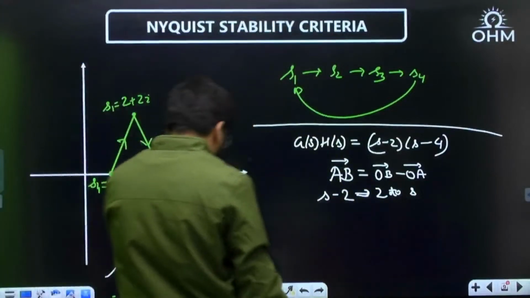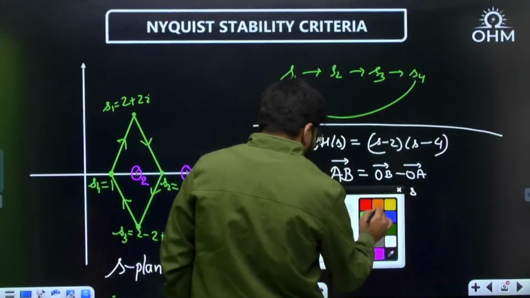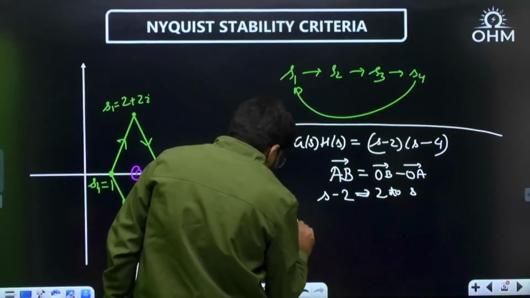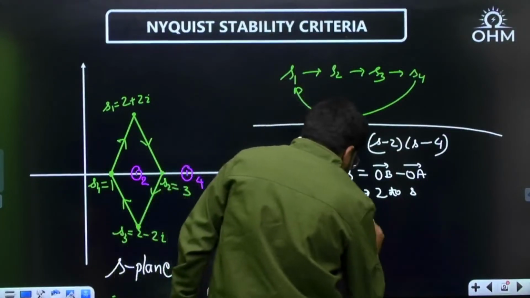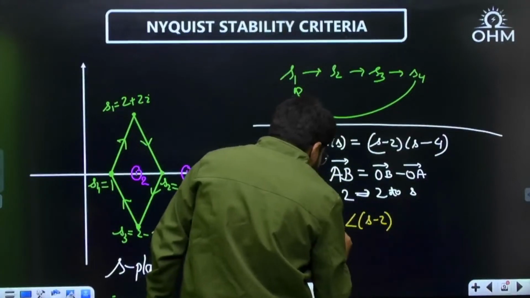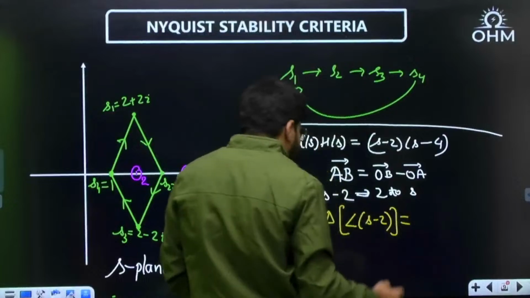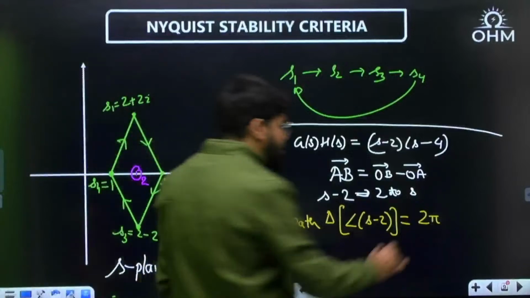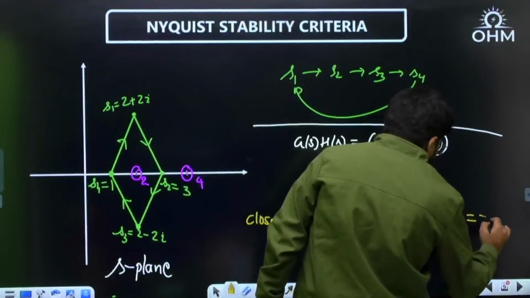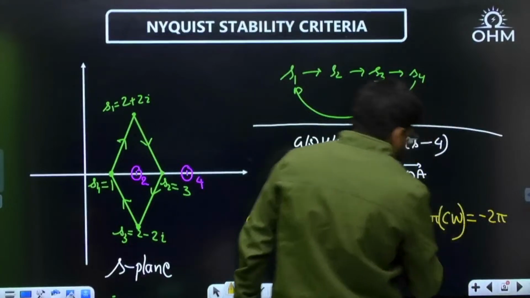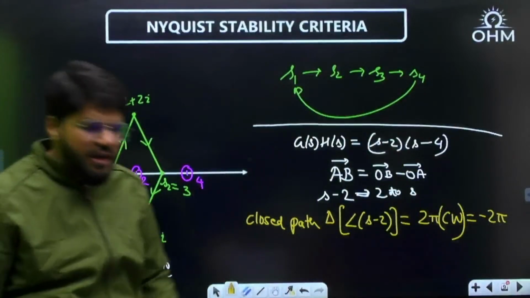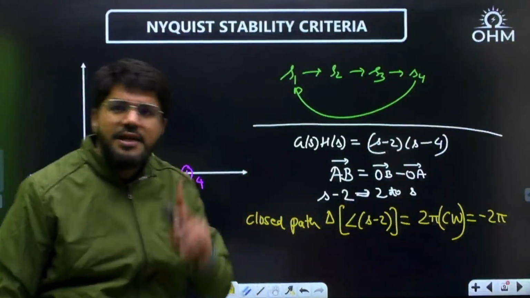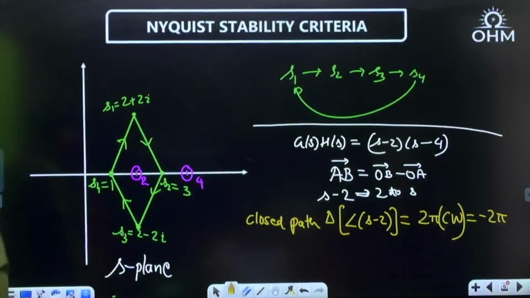So for the complete closed path, the change in the angle of this line is 2 pi, but in the clockwise direction. 2 pi clockwise actually means minus 2 pi. Every clockwise angle is put with a negative sign. If you measure angle anti-clockwise, then it is said to be a positive angle. That is the rule or convention for angle.